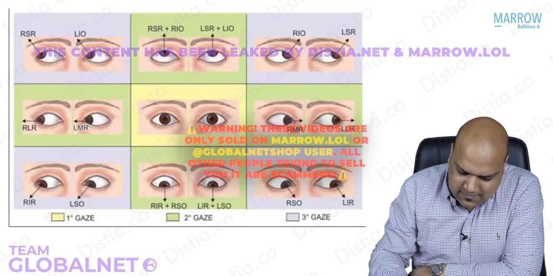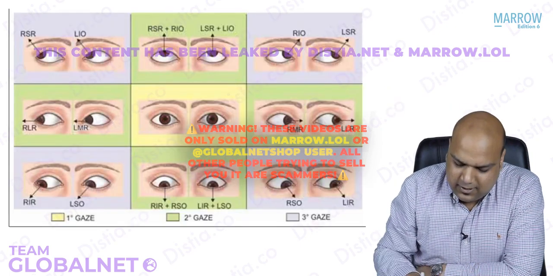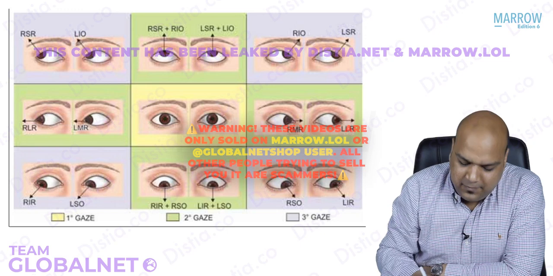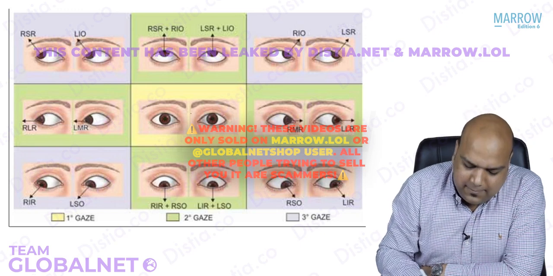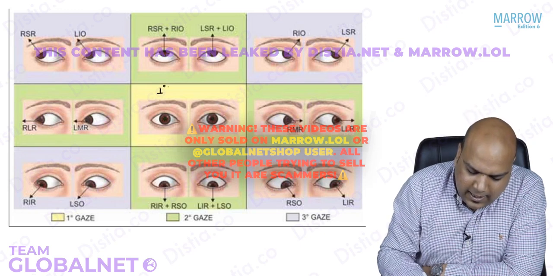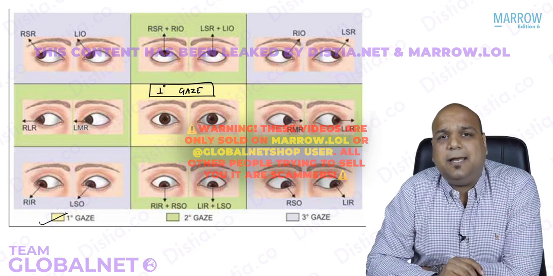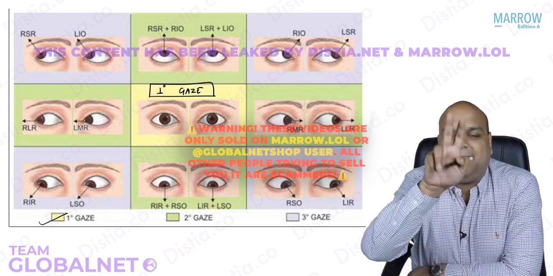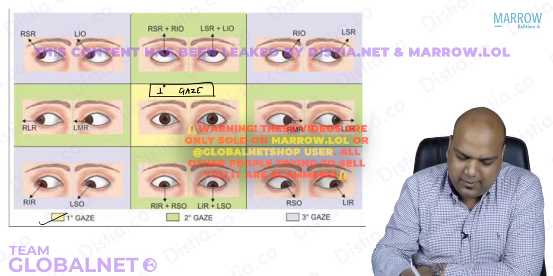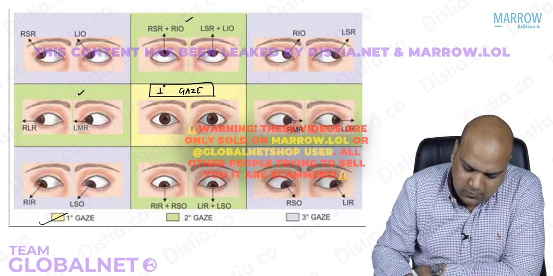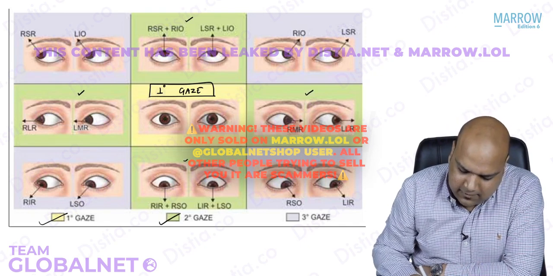So now what are the directions of gaze, everybody? I will show you this image and then I will tell you. You can see 9 squares being made here. So when both my eyes are looking absolutely straight, everybody, I call it primary gaze. So the yellow box is the primary gaze. Now the plus sign, direct up, direct down, total left, total right, everybody. The green boxes, 1, 2, 3, and 4. These are which gazes, everybody?